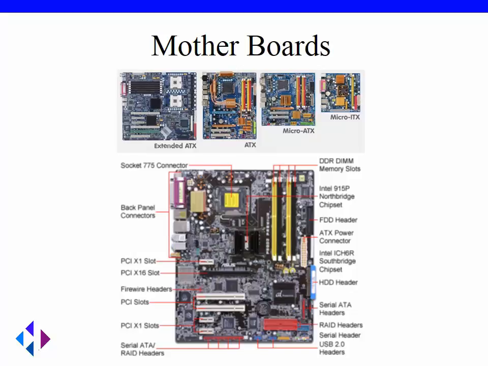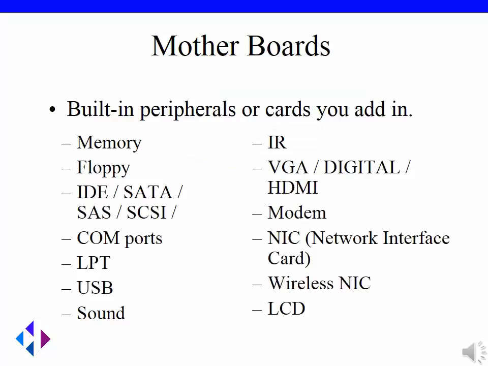USB headers, you'll have serial ATA headers, PCI slots, different types of PCI slots, as well as RAM slots, the CPU connector, ports on the left-hand side for anything from a microphone and speaker to a printer. Here's a short listing of the peripherals or cards you can add into a motherboard, or they'll be on the motherboard, one or two. And we'll go through most of these in the following slides.